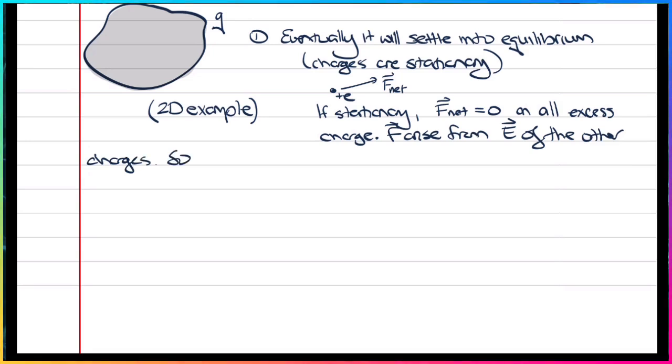So if F net is 0 on the charge, then I know that the forces, F net, which is the sum of individual forces, I could write as the individual forces on Q from other charges, which gets a little messy.